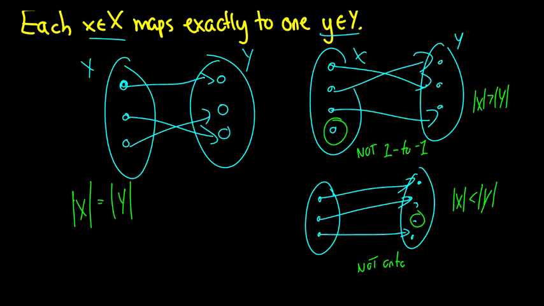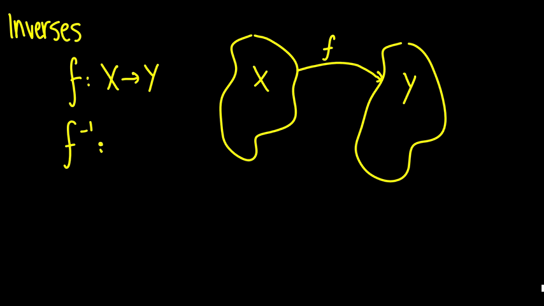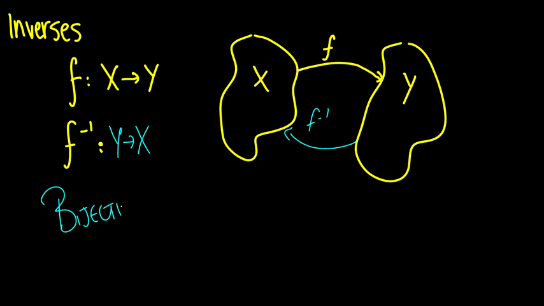But that's not quite all for this lecture. We're going to talk about inverses. This is going to be really quick. Basically, if we have a function that maps x to y, then the inverse function just maps all the elements in y back to some element in x. And you are required to have bijective functions to do this.